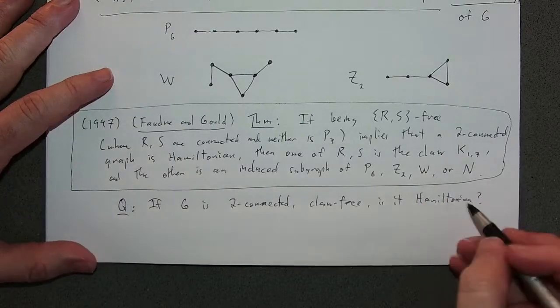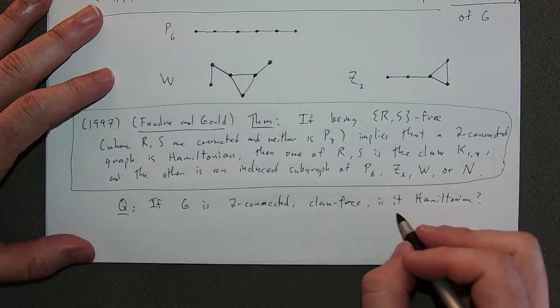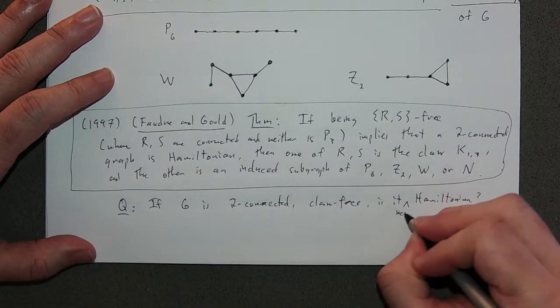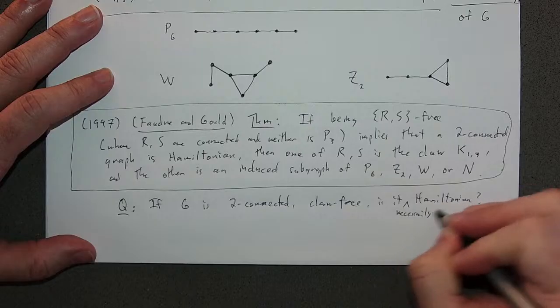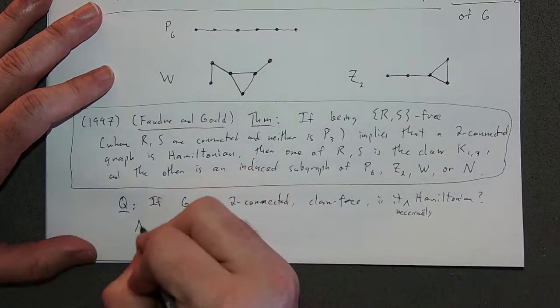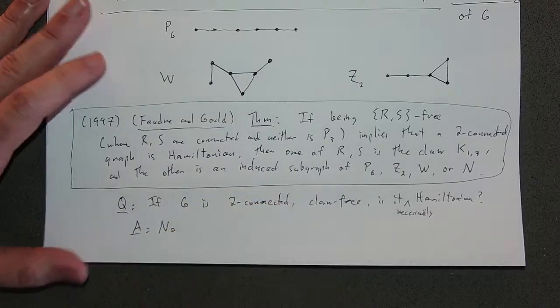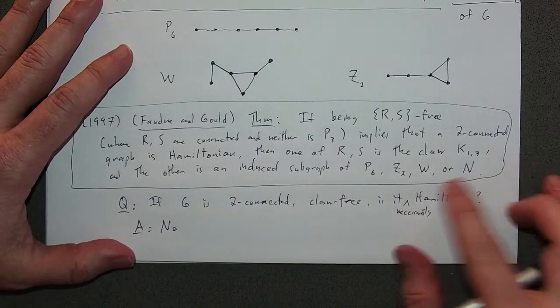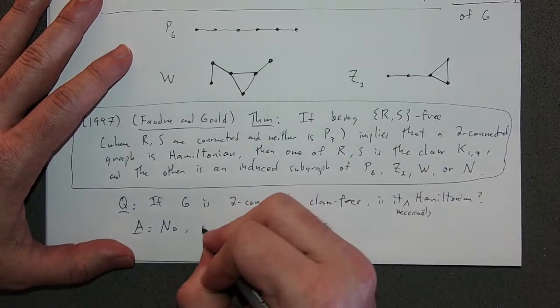Maybe I should say, is it necessarily Hamiltonian? To make this really pop here, the answer is no. In fact, the only single forbidden subgraph that will work to do this is P3.